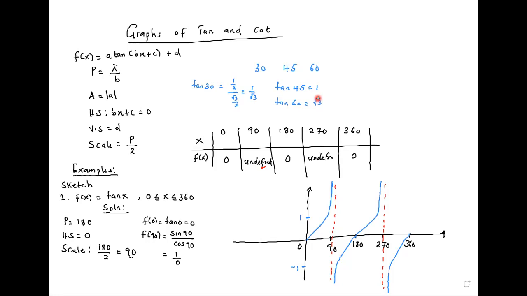Can we give another example? The second example would be f of x is equal to cot x. For cot, the period is the same, 180.